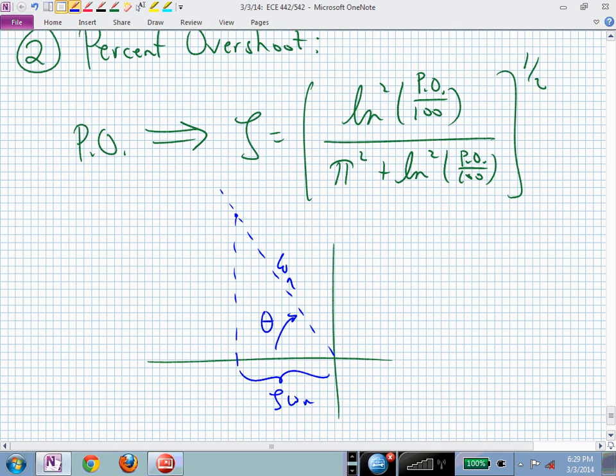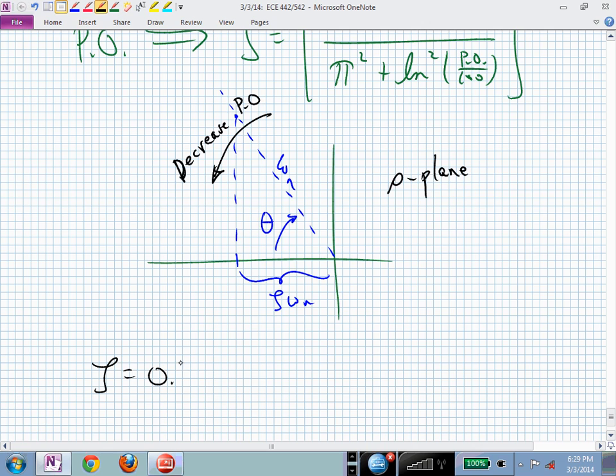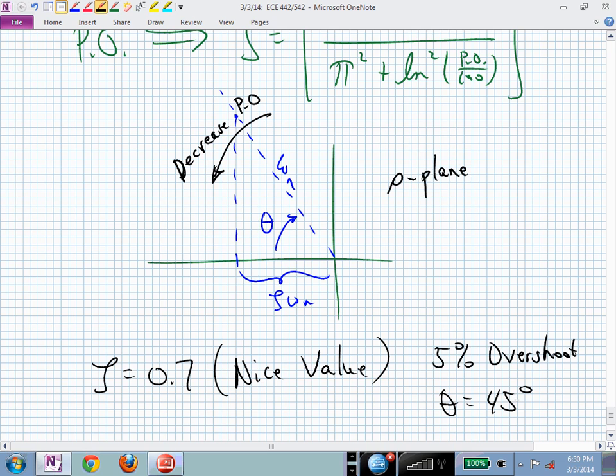Reduce the imaginary part. So if we wanted to decrease the percent overshoot, we're moving that angle towards the real axis in the S-plane. And as I said before, a zeta value of 0.7 is a nice value, and that actually corresponds to a 5% overshoot. And that theta angle is 45 degrees.